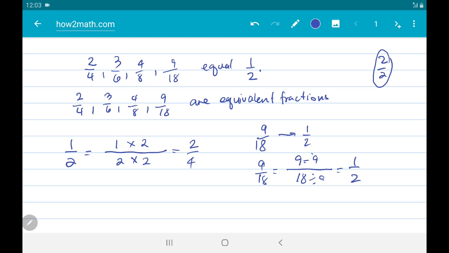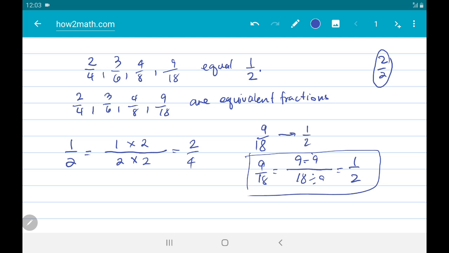Okay, so we have learned the equivalent fractions, which are fractions that have different representations but the same value, and we can generate equivalent fractions by multiplying both the numerator and the denominator by the same number. And in fact, what we did here is reducing fractions to lowest terms.